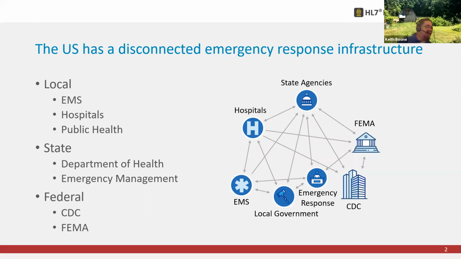We're not trying to solve the problem of communicating to the public. We're trying to make sure that those agencies that need to communicate with the public can get to the data that they need.